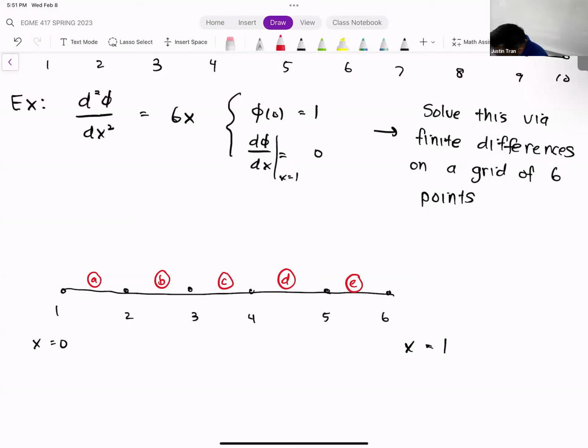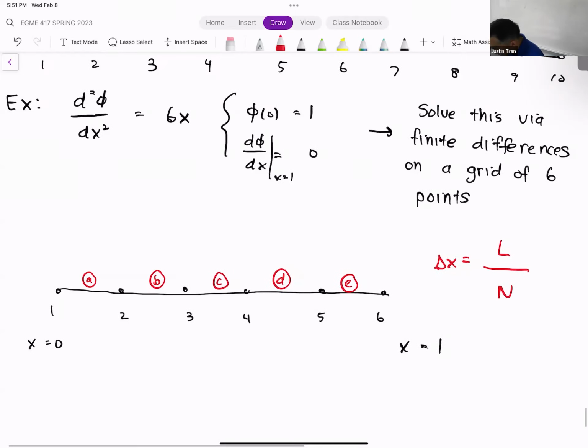And so our grid spacing, delta x, if we assume that it's uniform throughout, so all the grid spacings are the same, is going to be the length of the domain, capital L, divided by big N, the number of spaces in the domain.